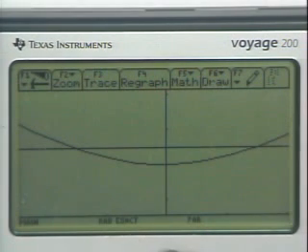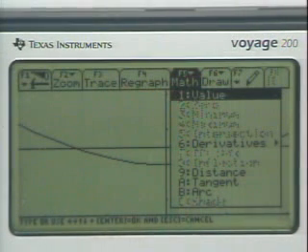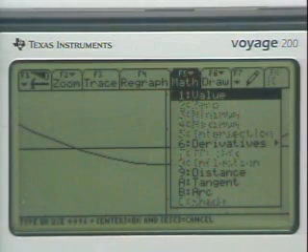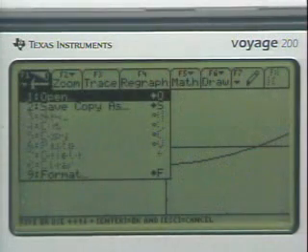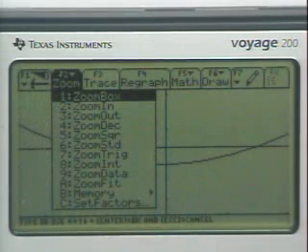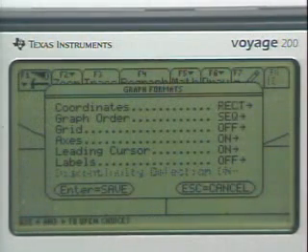We'll probably do it both ways if we can, except when I went to math, intersection's not highlighted. Is it on yours? I lost my intersection. There's an intersection on number 5, but mine is gone. Is yours there? Maybe we can get it back. I don't know if there's something about the format. Let me see.